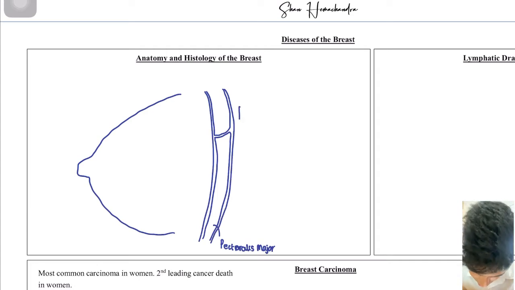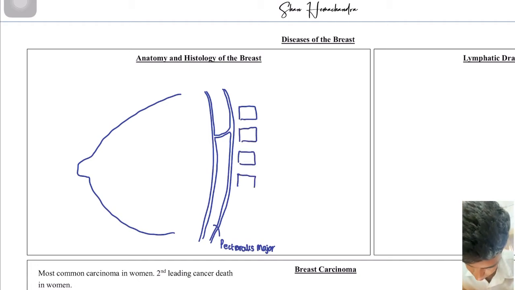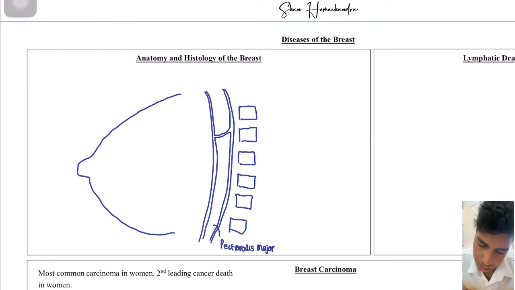And we have the ribs. And between these you have the intercostal muscles. Here's the pectoralis muscle.